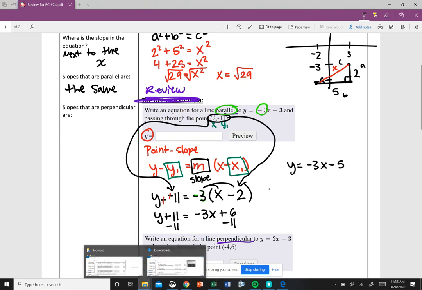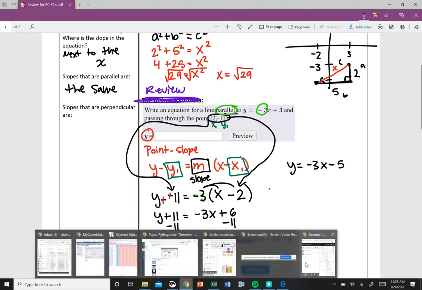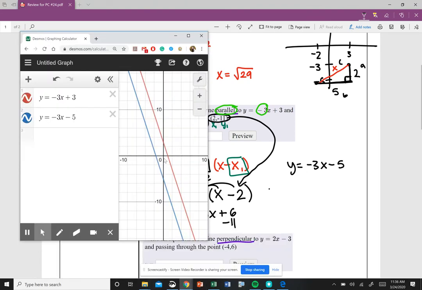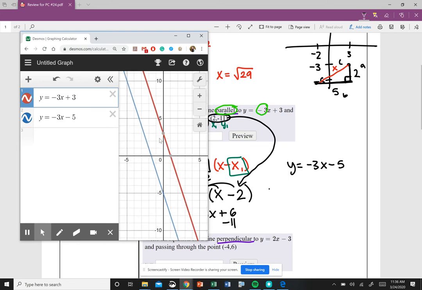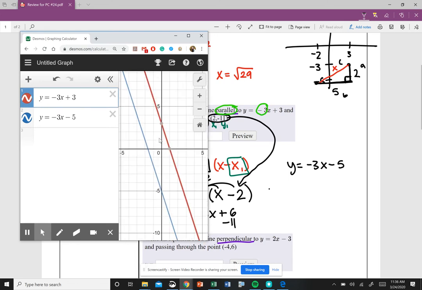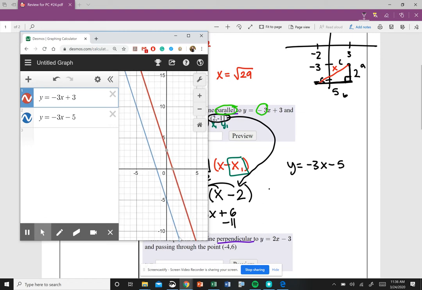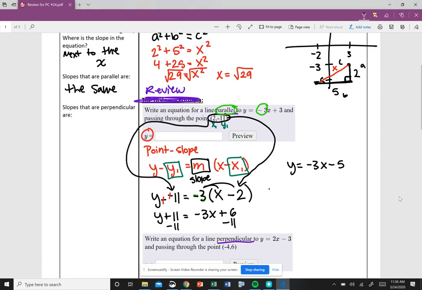Why does it keep doing this? Here we go. I'm going to zoom in. Oh, that helps a lot. There we go. Now over 2, down 11. Puts us right there. Which if you look, it's right there. It's on that line. Do you guys see that? Okay. I was real worried there for a second.